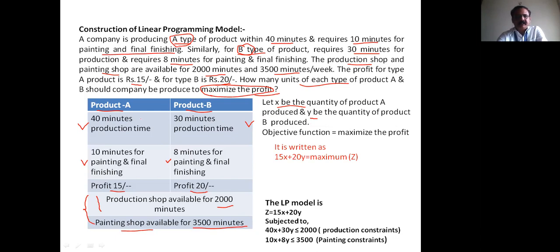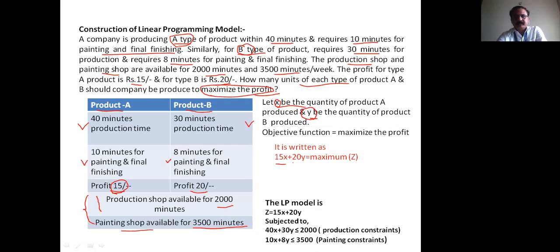X is the quantity of A product, right? And X gives rupees 15 profit. Therefore, 15 into X plus Y is the quantity produced for B product, and it gives rupees 20 profit.